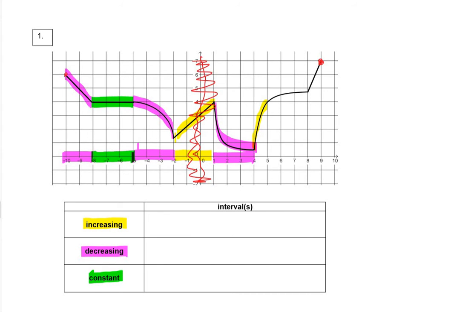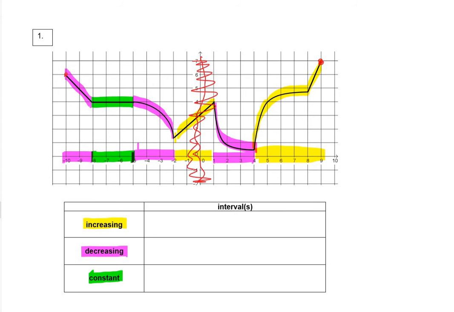And from this point, I'm going up. And once I get to here, the shape of my graph changes, but I'm still going up. So all of this part of the graph is increasing. So now the only thing I have left to do is to write in my intervals here.